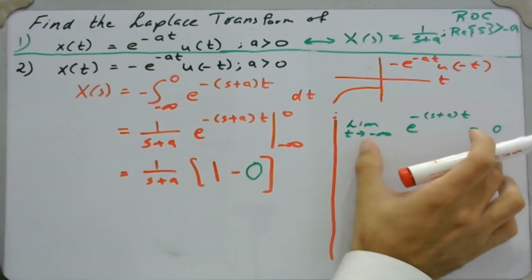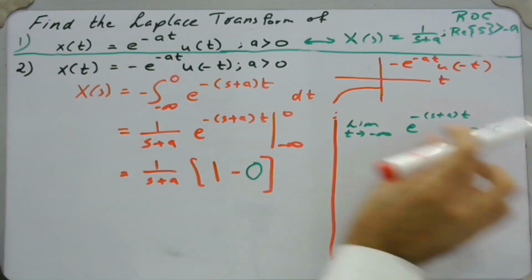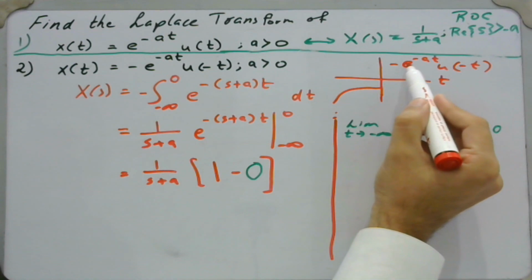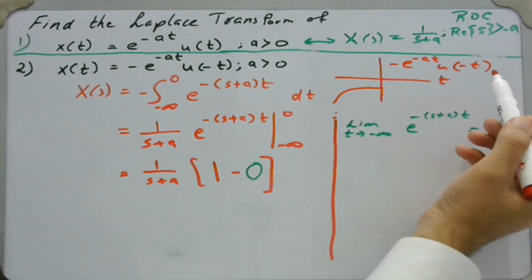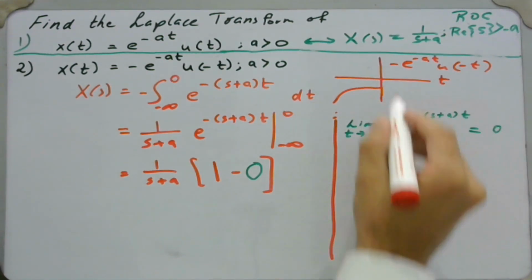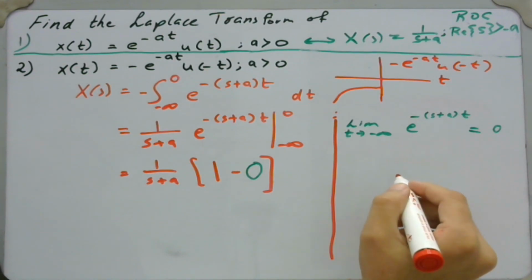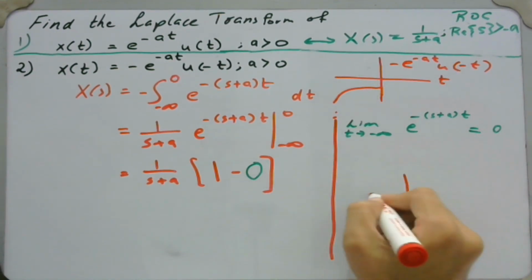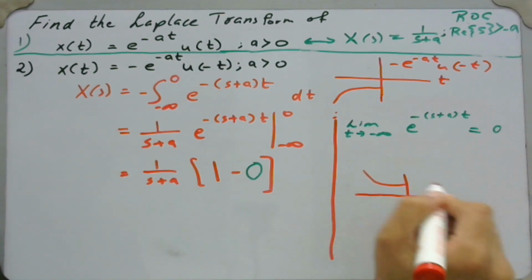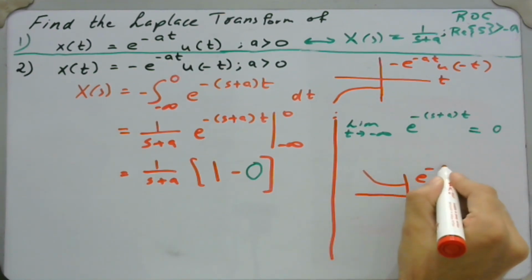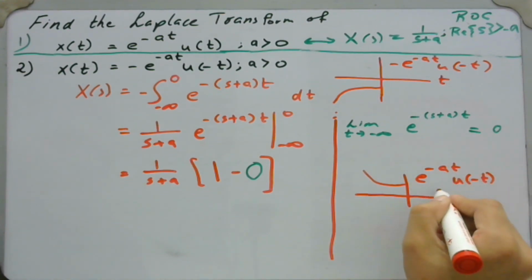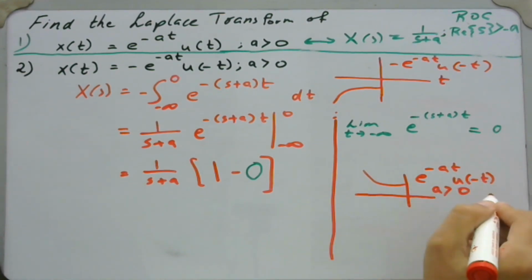So to understand when this function would be 0, let us look into this original plot, which says that we have the value minus e to the power minus at u of minus t. If we remove the first minus sign here, we would simply have this function, e to the power minus at u of minus t, for a greater than 0.